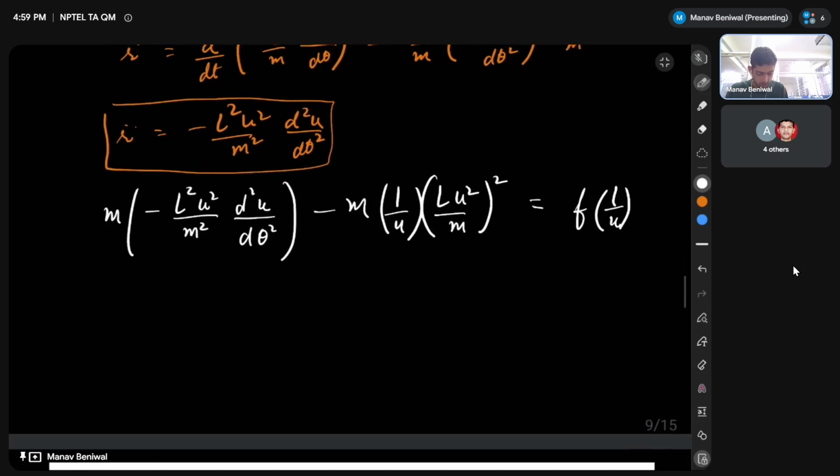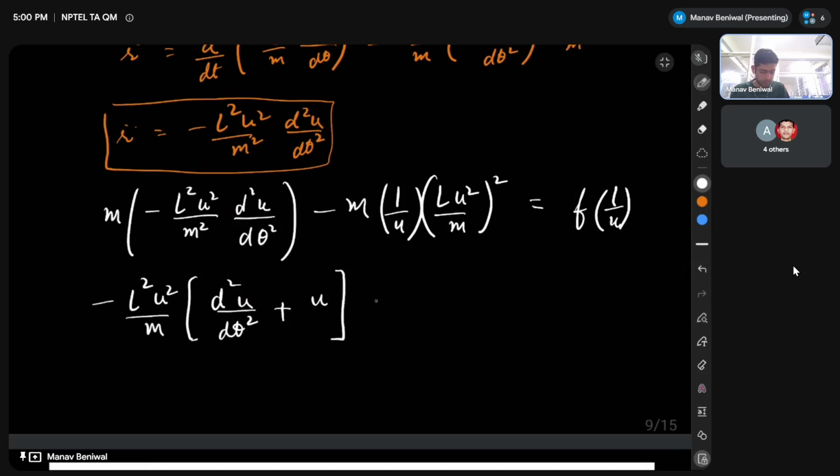Now I can take out this minus L squared u squared over m outside, and inside I'll have d2u by d theta squared, and here this m cancels out, this goes here, and I'll just have one u remaining. And this is equal to f of 1 over u.